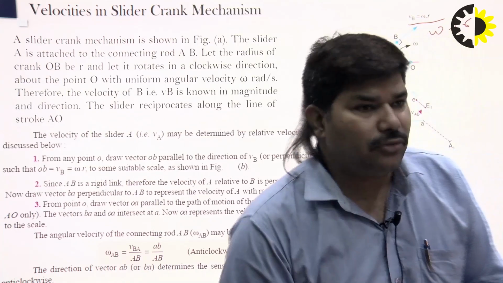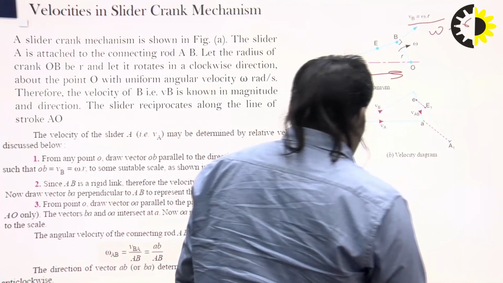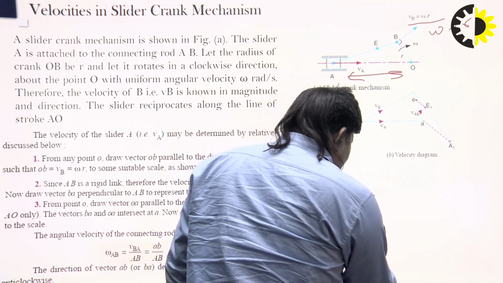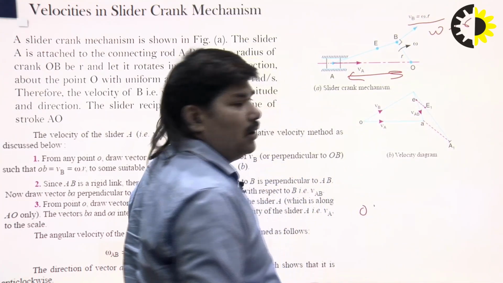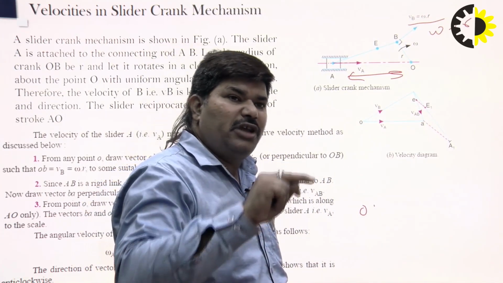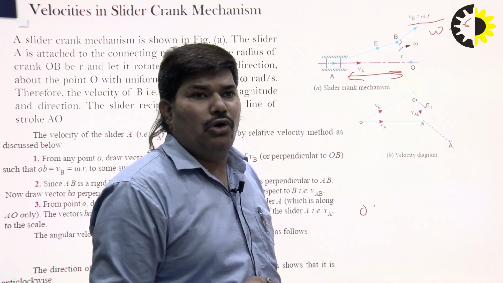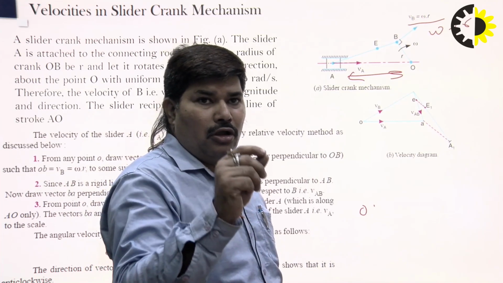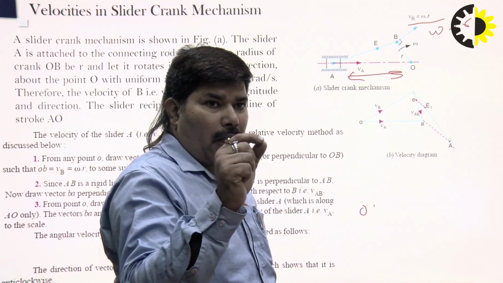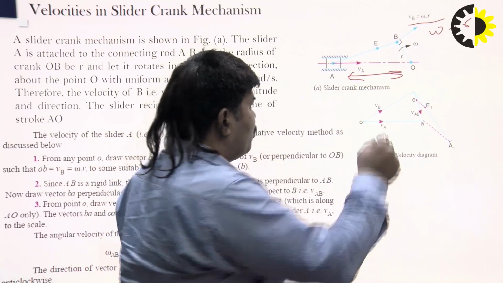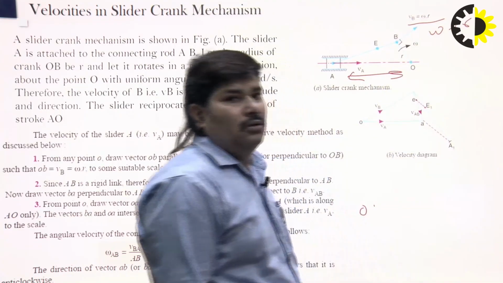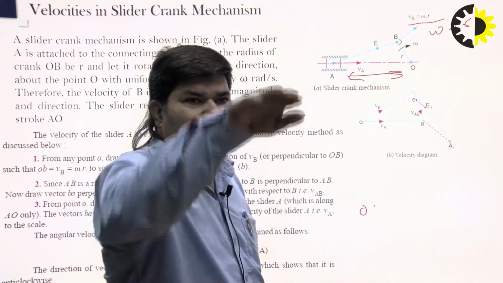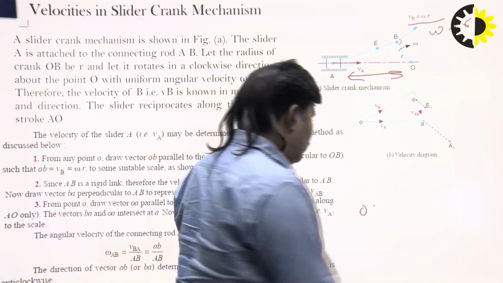So we have taken one point, that is the pole point, point O, right, and draw the velocity of B with respect to O perpendicular to this link, or parallel to this velocity of B. So you can draw like this.